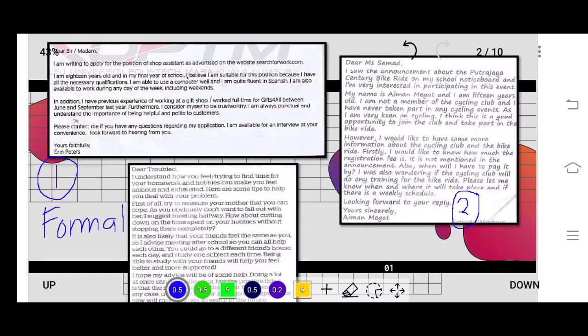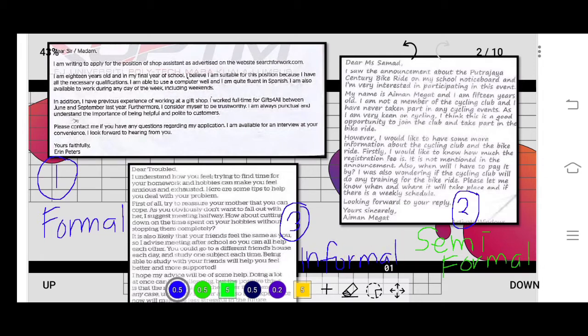What is the type of the letter? Can you think of it? The second one is a semi-formal letter. Okay, the last one. What is the type of the letter? It is an informal letter.